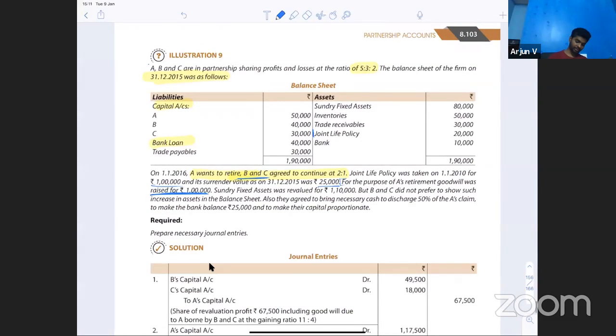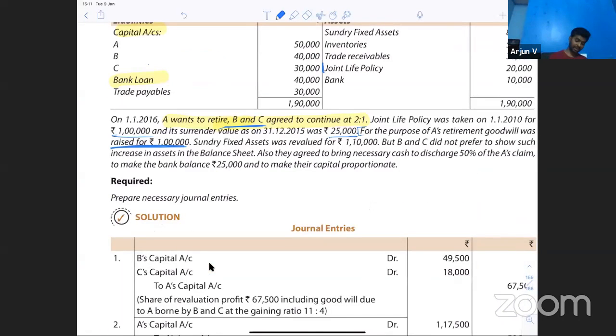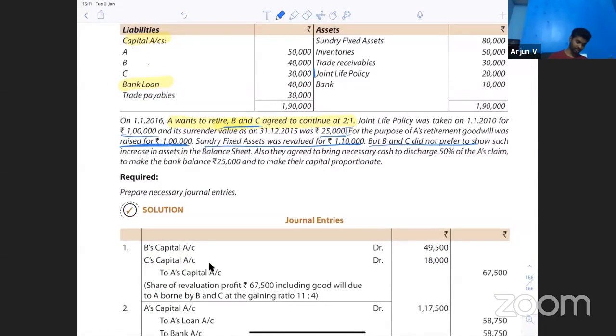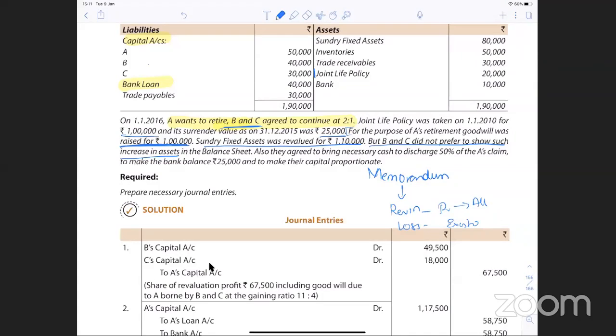Sundry assets were revalued at 1 lakh 10, but B and C did not prefer to show such an increase in the assets. That means they are talking of what? Memorandum revaluation. That is, first do the revaluation account, profit for all the partners, then loss only for the existing partners. Did you all understand till here?